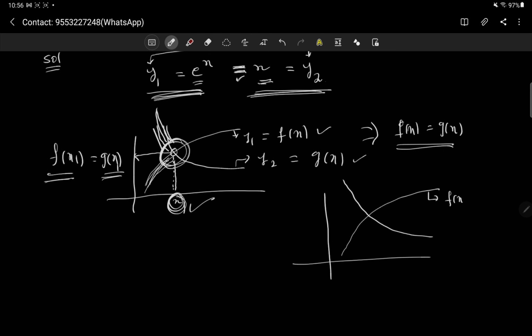At the point of contact you have one value of x so that both will be equal.